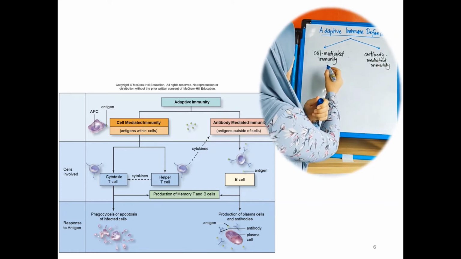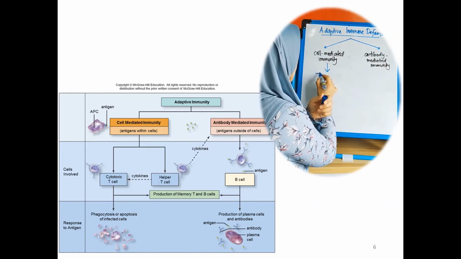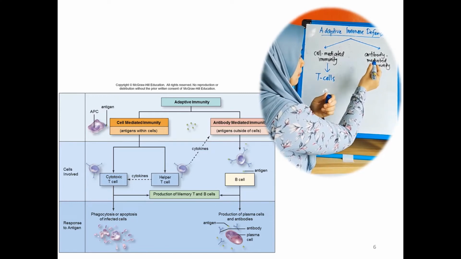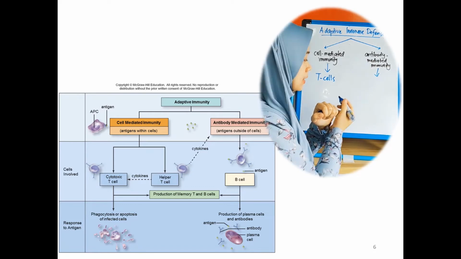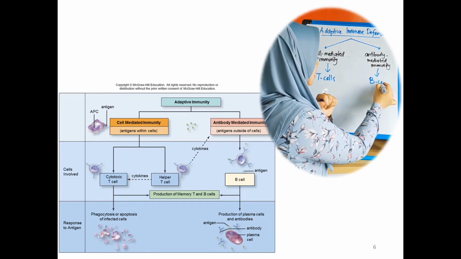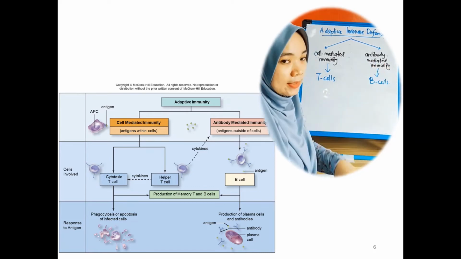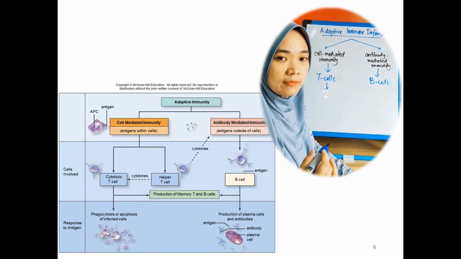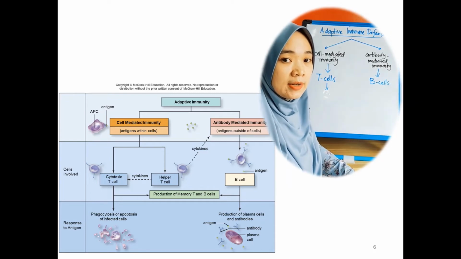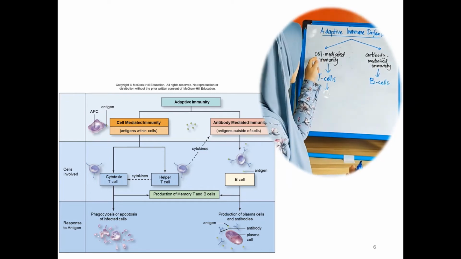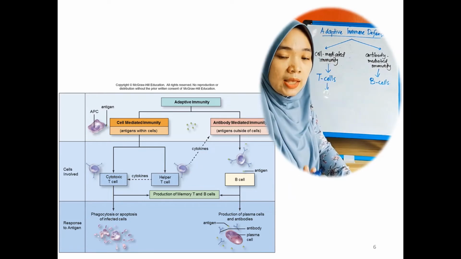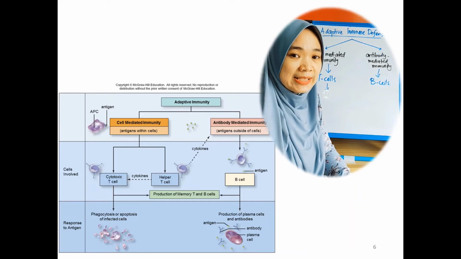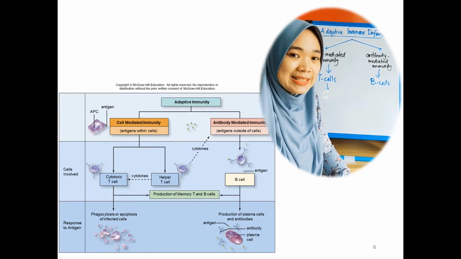For cell-mediated immunity, T cells are activated. For antibody-mediated immunity, B cells are activated. And the mechanism involves several cells. That's why cell-mediated immunity involves the action of several types of T cells.